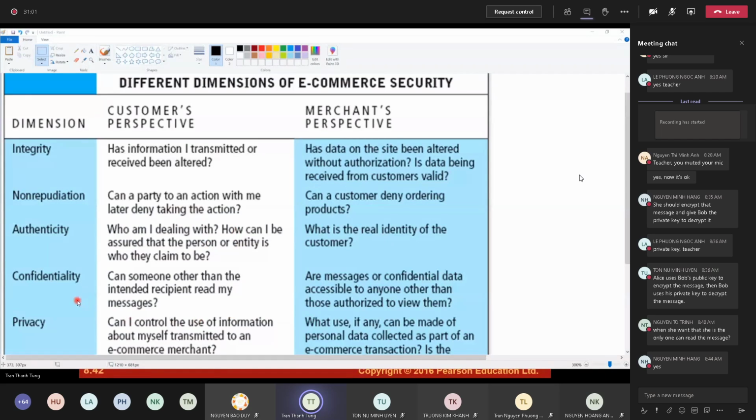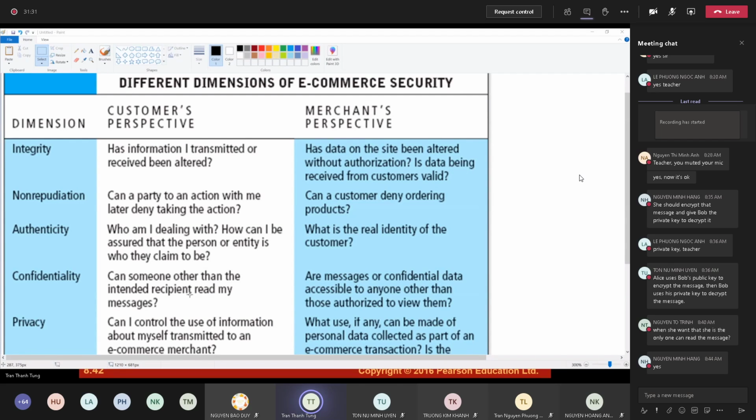Here is the first example I showed you. Confidentiality means that only the person we want can read the message. I want to make sure that only Alice or Bob can read it.